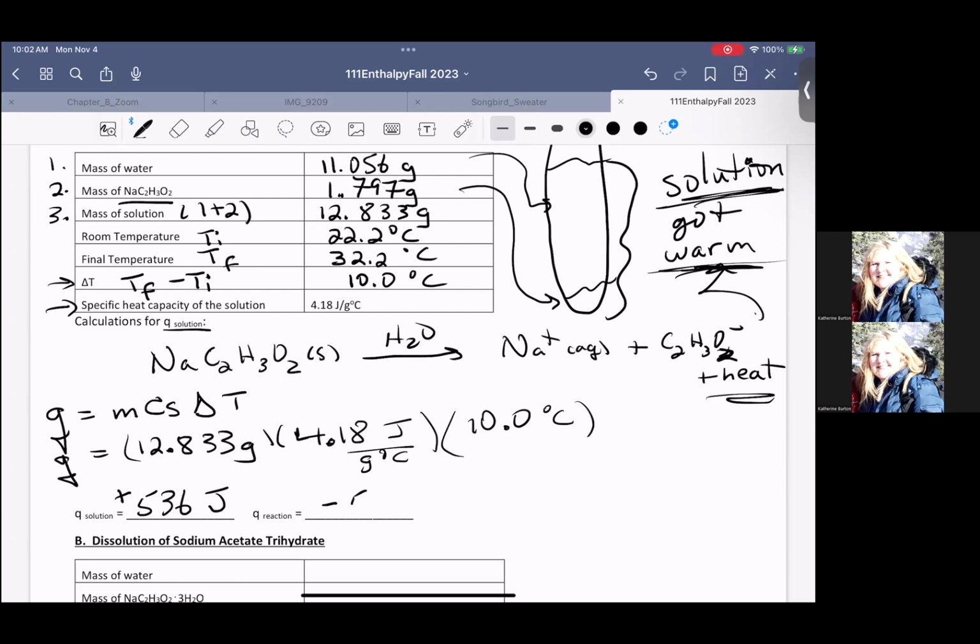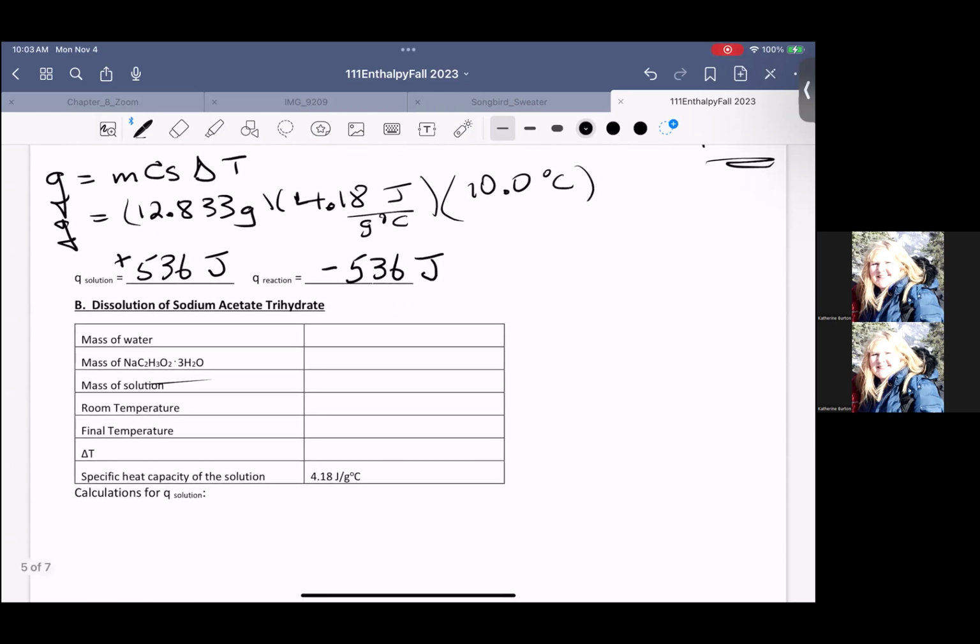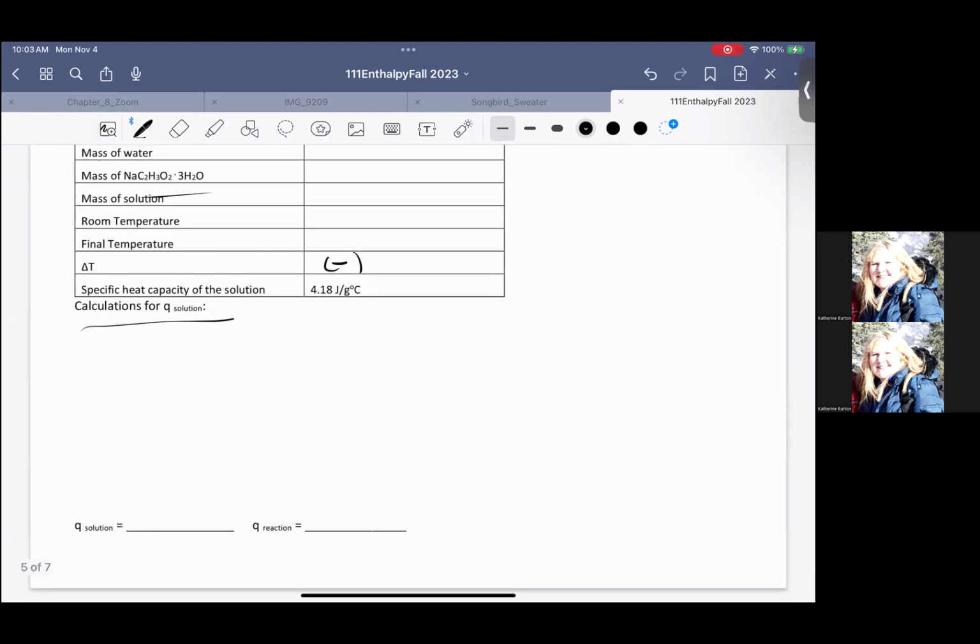The exact opposite value, because energy or heat is conserved, and any bit of heat lost has to have been gained somewhere. So our Q for this reaction is going to be negative. You're going to find the opposite signs here: if your delta T is negative, your Q of your solution is going to be negative, and the corresponding Q of the reaction will be positive. That's for the second part.